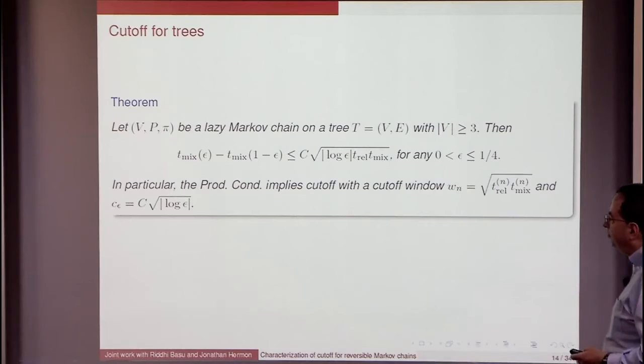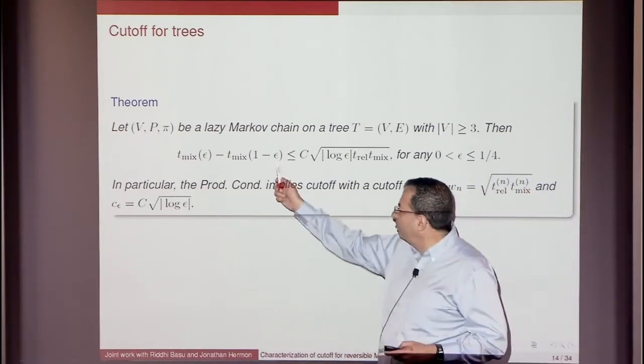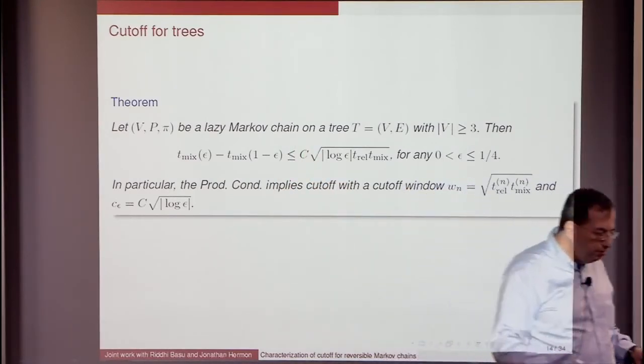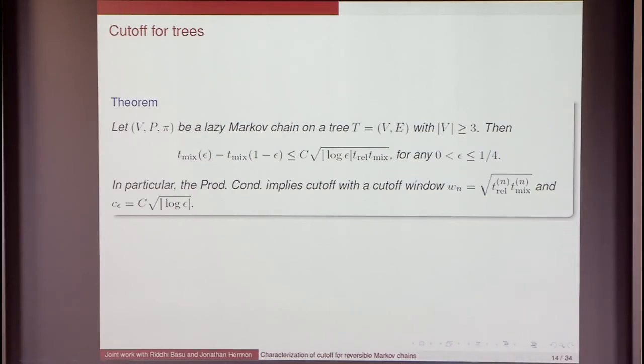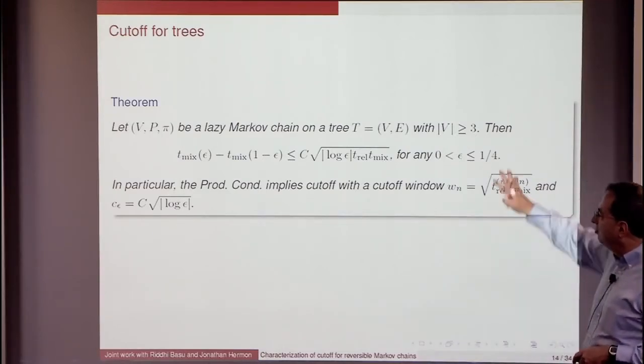So the mixing time, t_mix(epsilon) minus t_mix(1 minus epsilon). Here's a general statement about trees, but I'll explain how it follows from a more general statement in a moment. Here's one theorem.